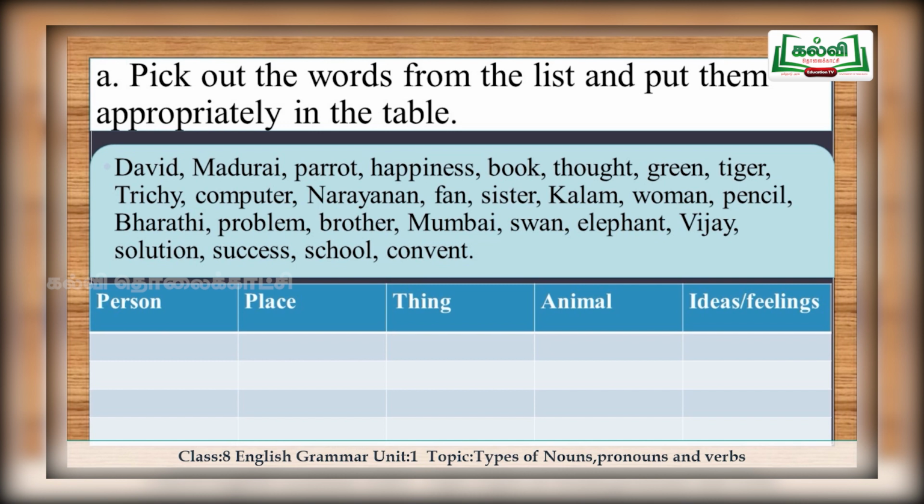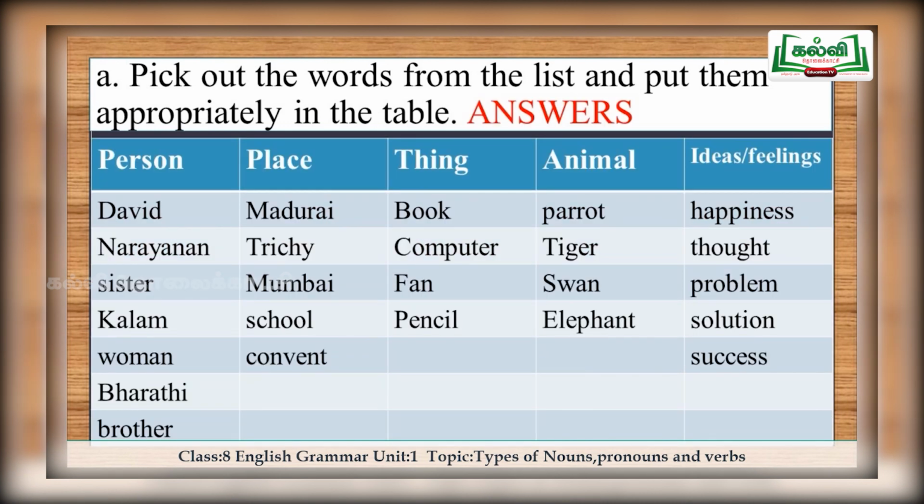So see, the person names are listed like David, Narayanan, sister, Kalam, women, Bharati, brother. And the place names I have listed here: Madurai, Trichy, Mumbai, school, convent. And the things: book, computer, fan, pencil.